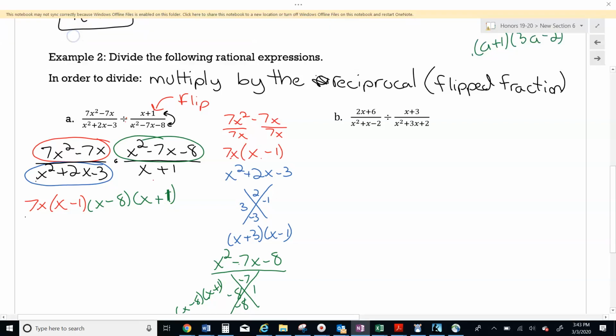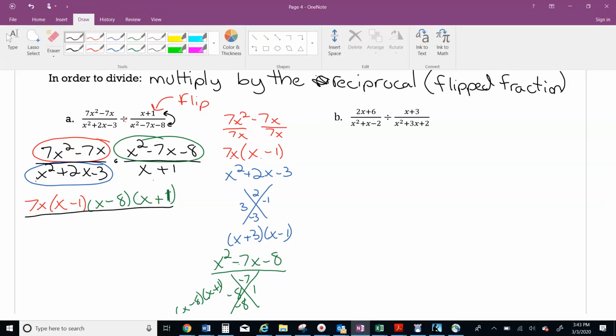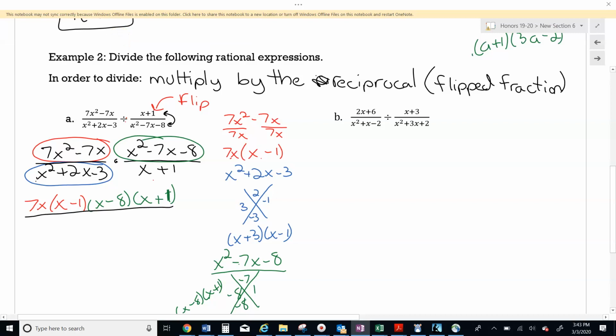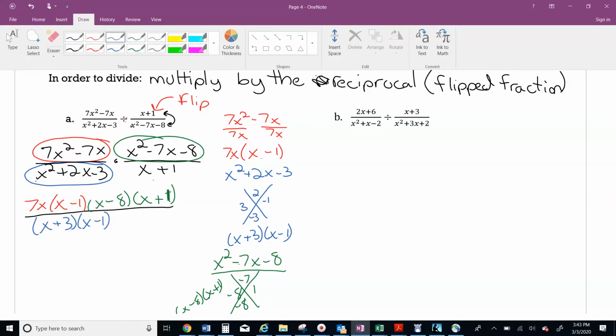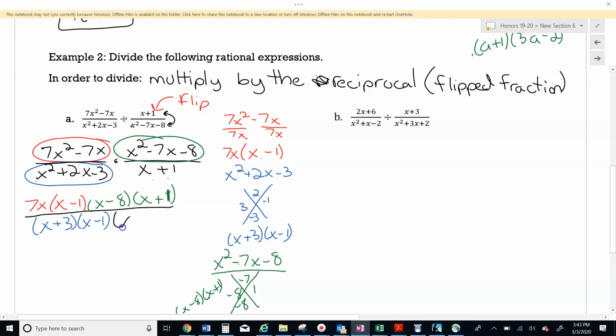Then in my denominators, we have x plus 3 times x minus 1. And then my leftover x plus 1. And canceling out, my x plus 1s go away.